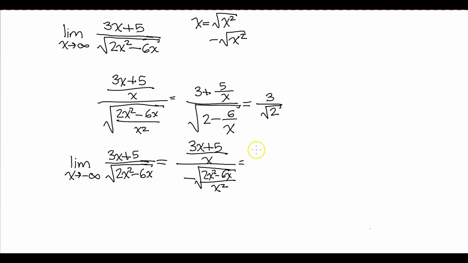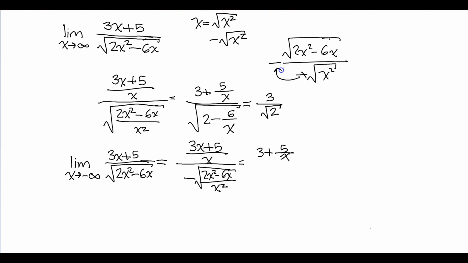And now we get 3 plus 5 over x over the negative square root of 2 minus 6 over x. We pulled the negative outside, because you can choose to pull out the negative and just put it outside. So now we get negative 3 over root 2. So we got a negative answer with a radical in it.